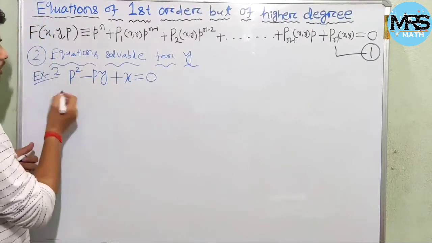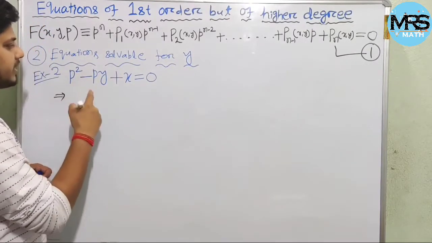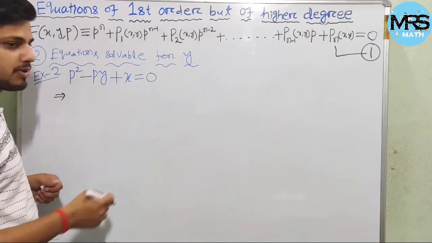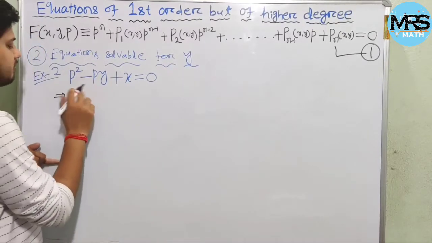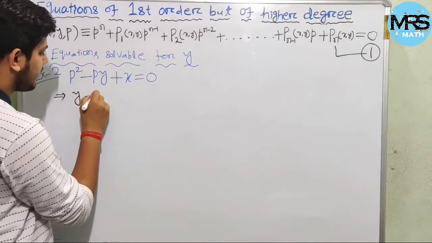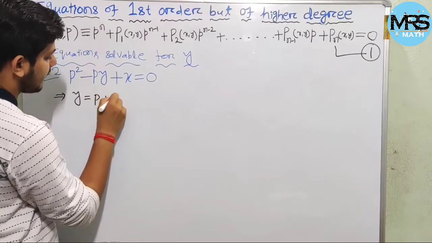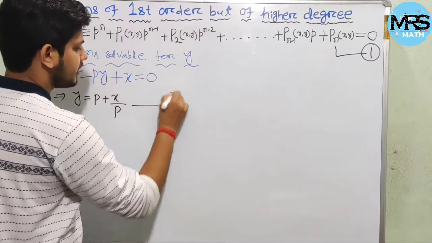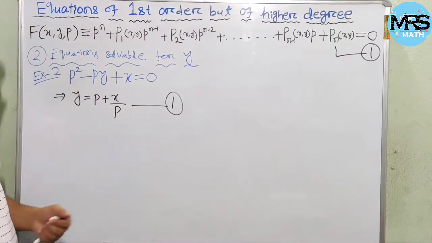So we have to write y equal to some function of x comma p, right? So what we will get, y equal to p plus x by p, right? So this one you can take as equation number 1, okay.